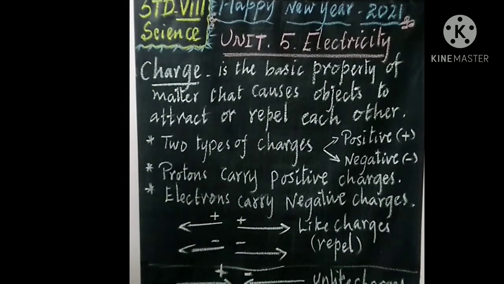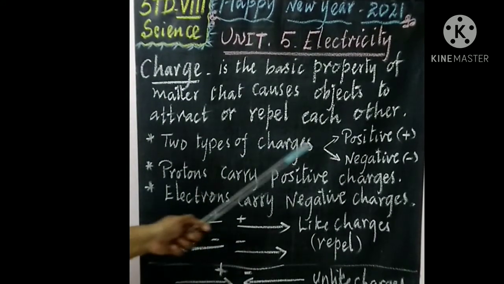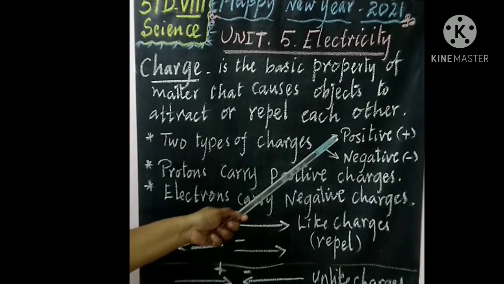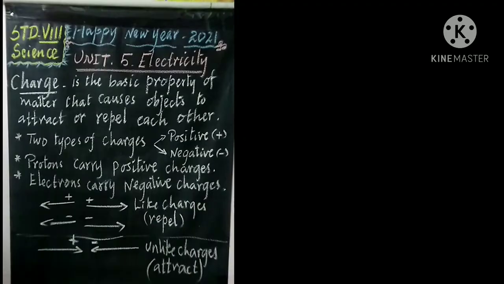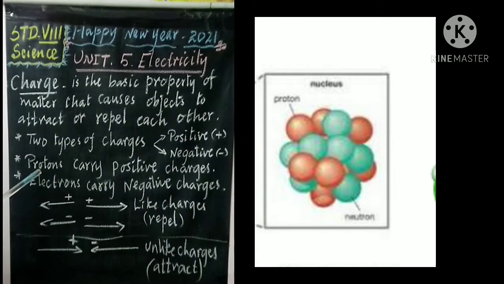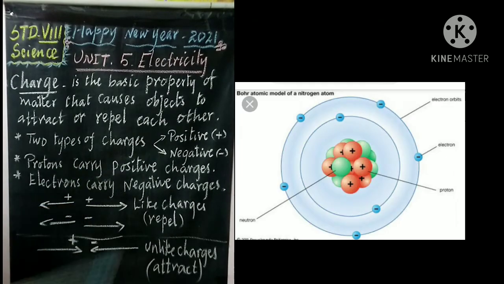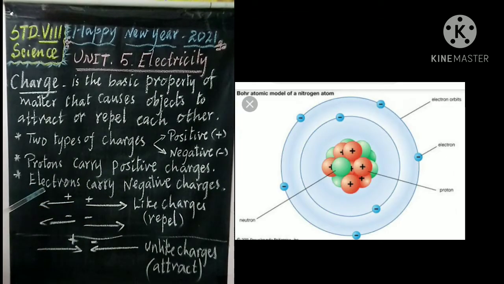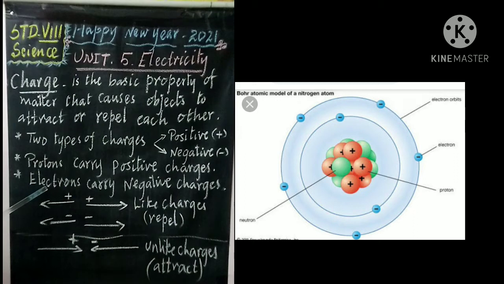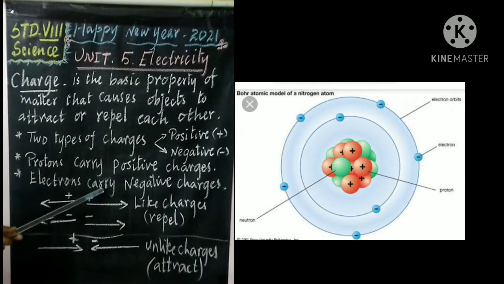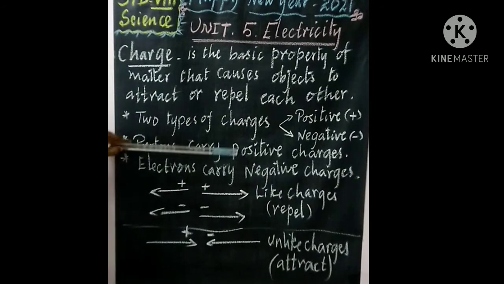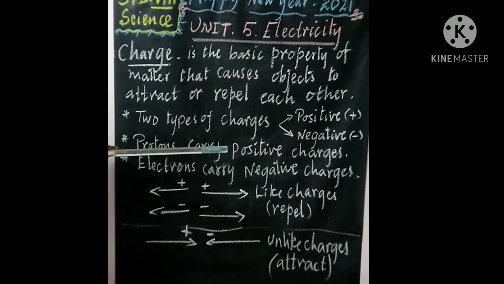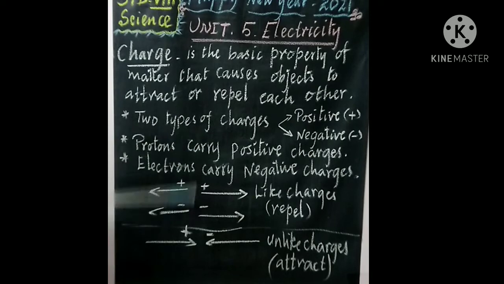There are two types of charges. One is positive charge. The next one is negative charge. Protons, which are in the nucleus of the atom, carry positive charges. Electrons, which are revolving around the nucleus, carry the negative charges. So there are two kinds of charges.